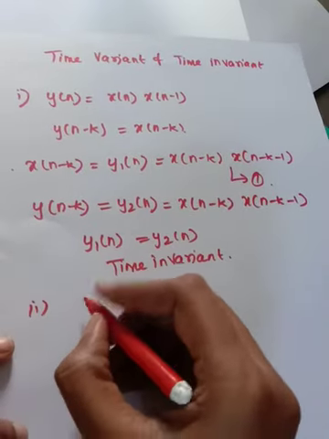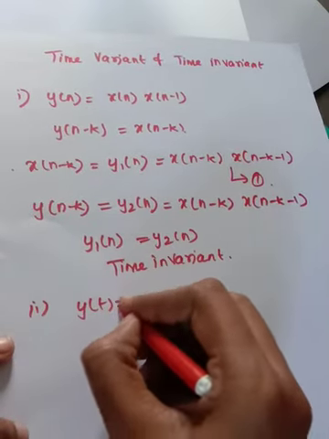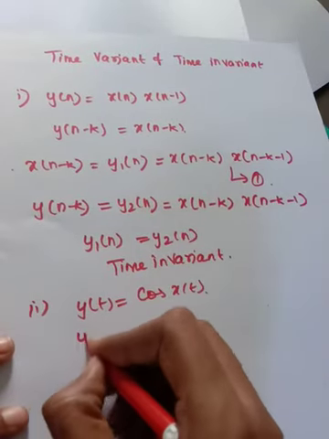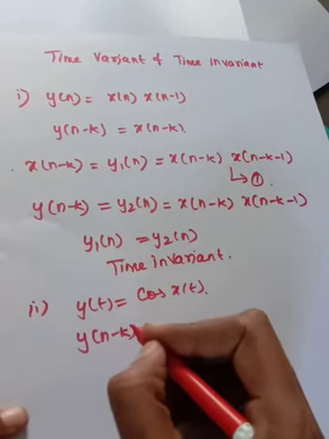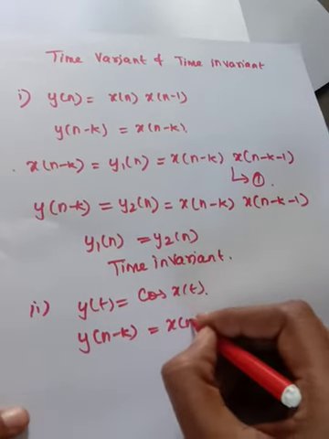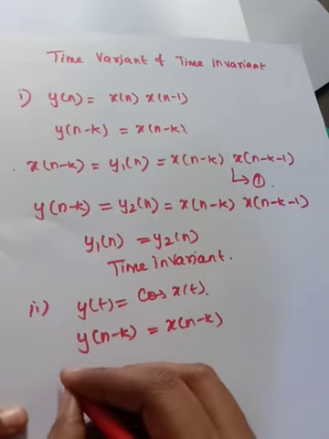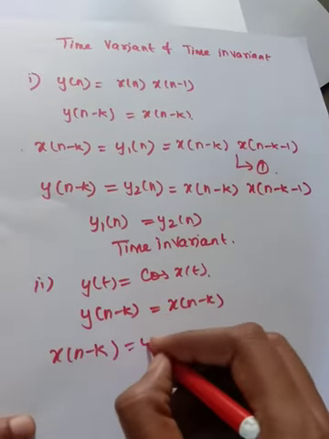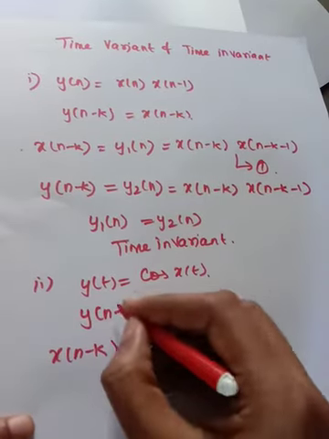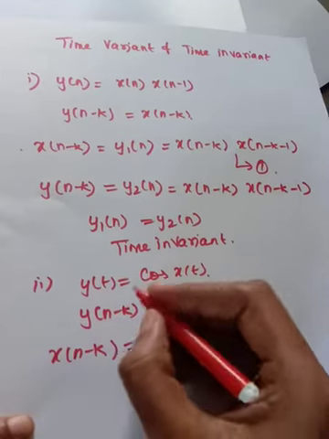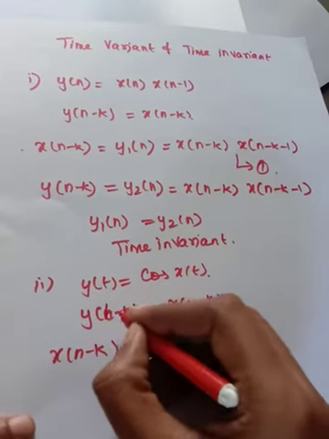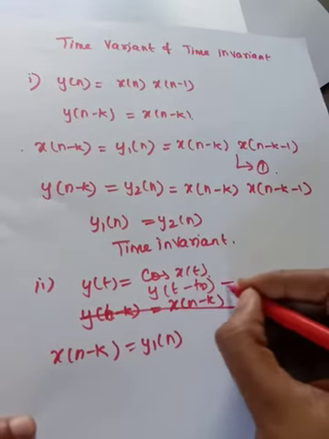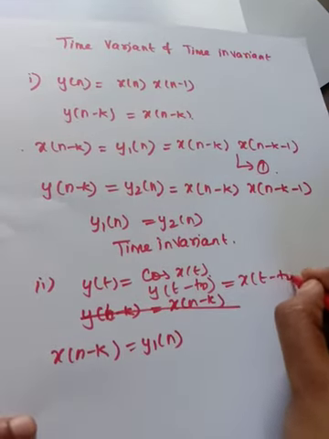The second one is y of t equal to cos x of t. Now we need to prove the same, y of t minus t naught equal to x of t minus t naught.